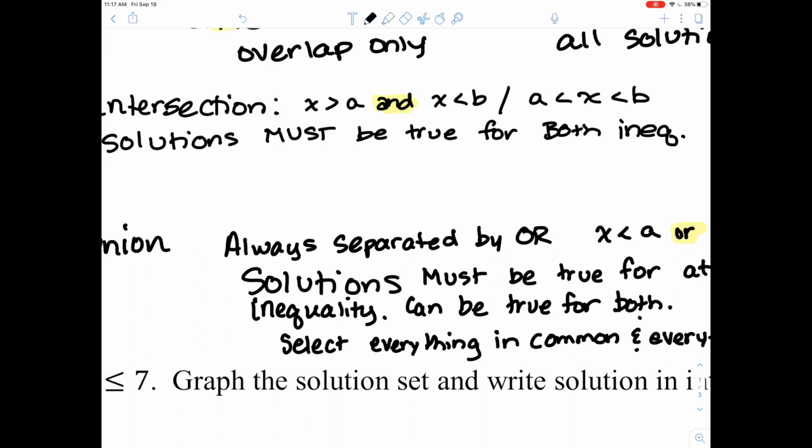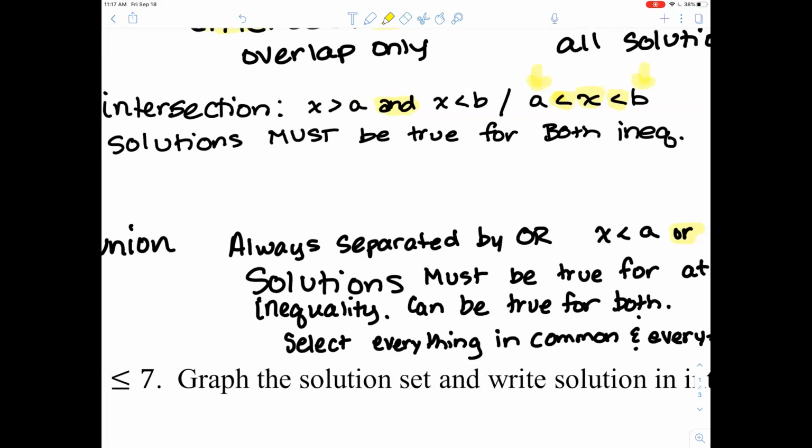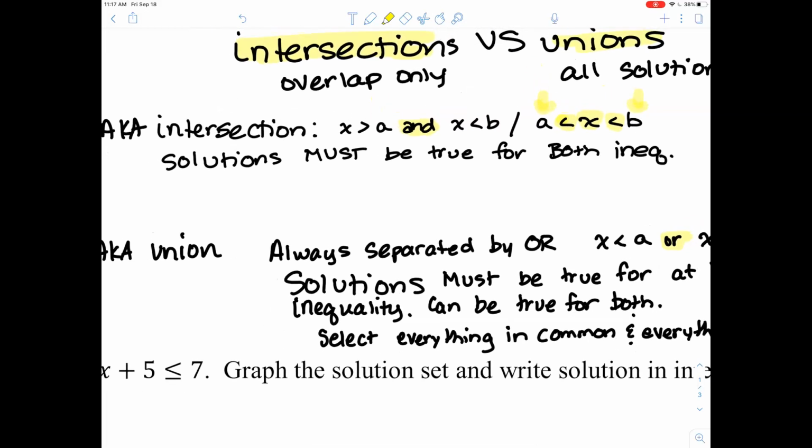You can also see it as a single statement that has both inequalities in one, with the x in the middle and the two boundary numbers on the ends. So you'll have one bound on the left, less than x, less than the other boundary number on the right. If you get an inequality written in either form, that's a conjunction.